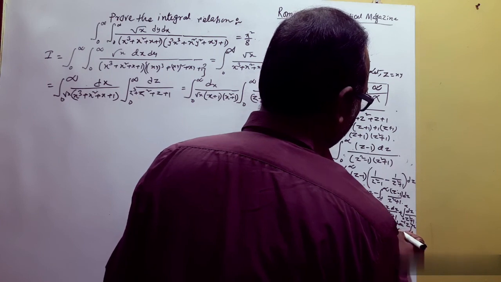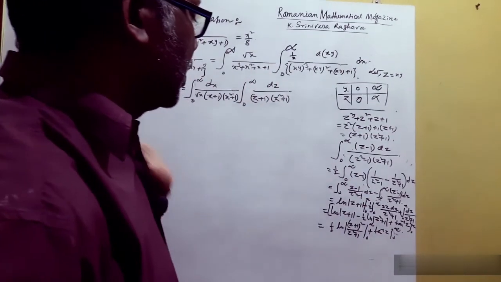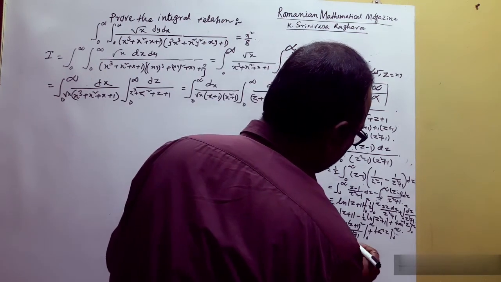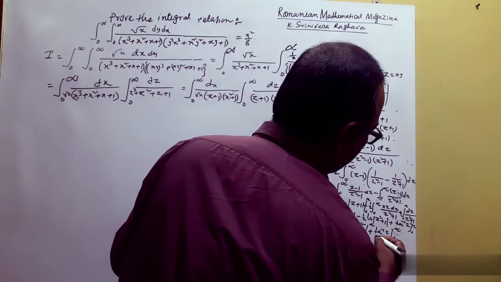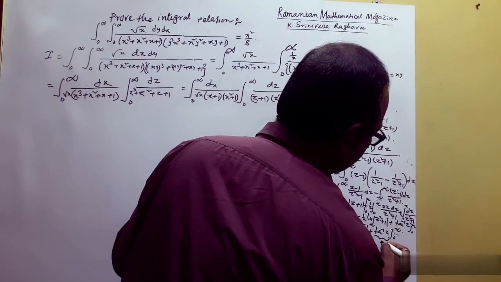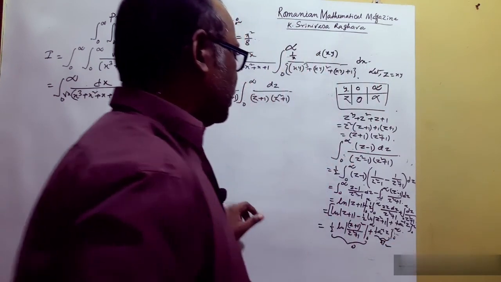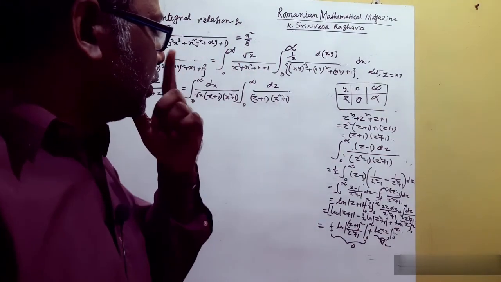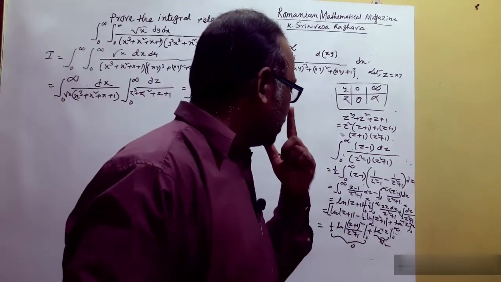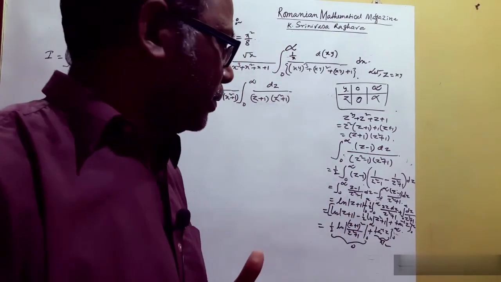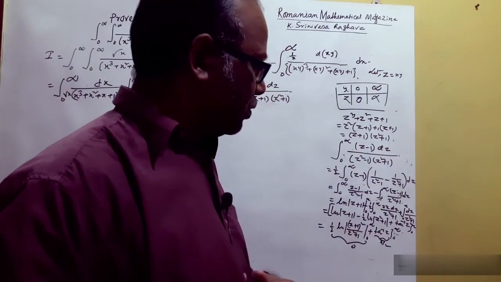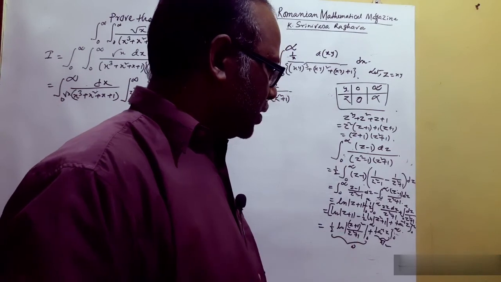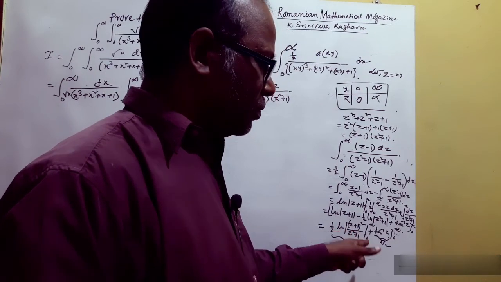For this limit, actually this is 0 and this is pi by 2. If we put infinity, then within the modulus take common z square. So within the bracket we get 1 plus 1 by z whole square. Z square is cancelled. We get 1 plus 1 by z square.